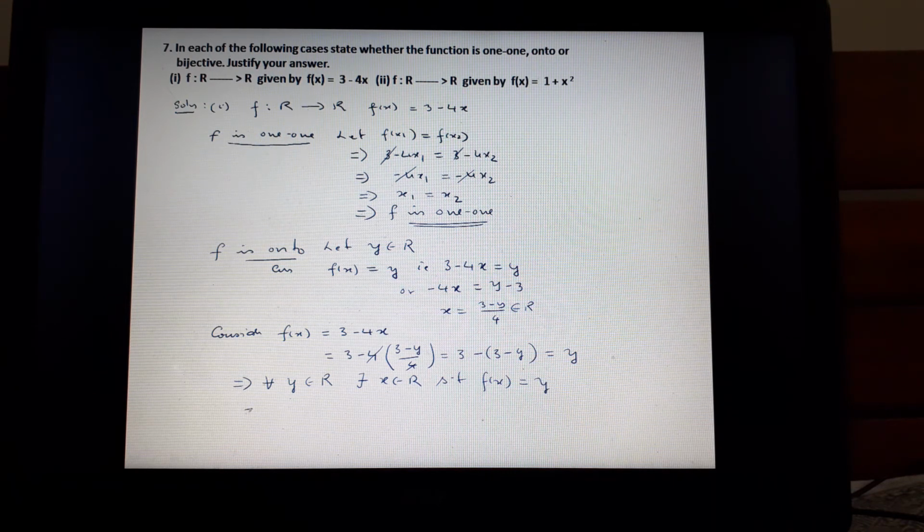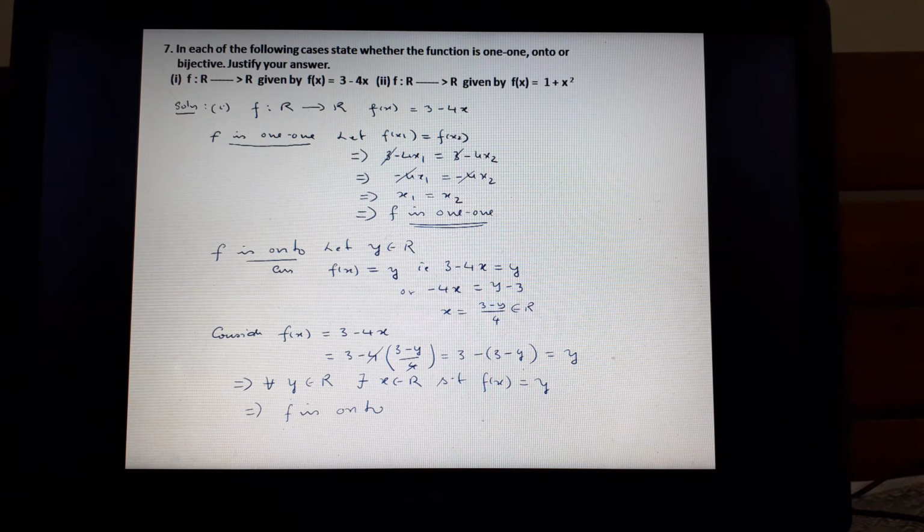So definitely this implies f is onto. See, remember, this is the method. Whenever you are proving onto, take an arbitrary element y, then use this technique f of x equal to y, then express x in terms of y, but you should be able to say that this belongs to R.